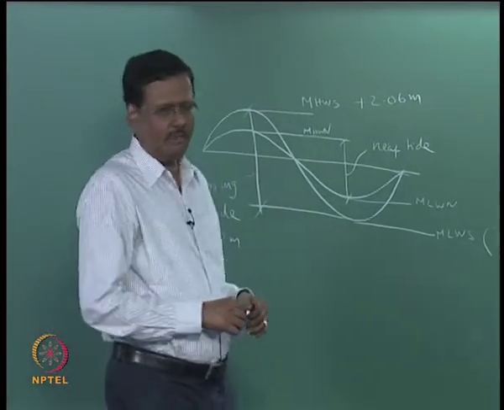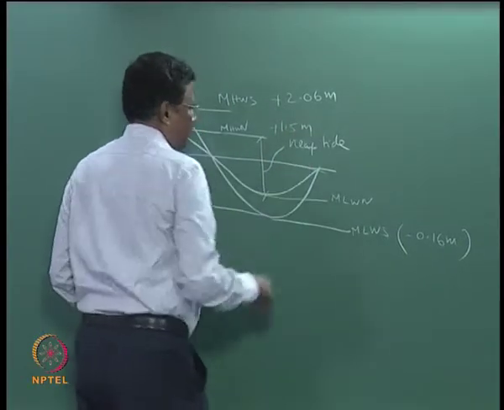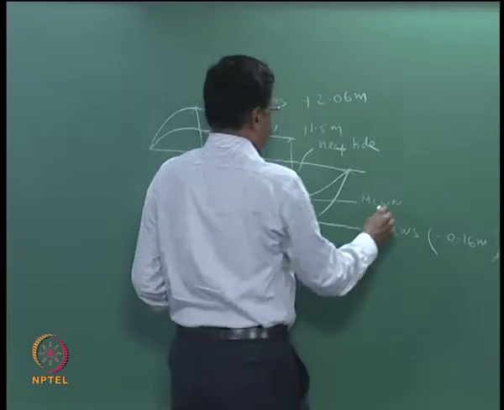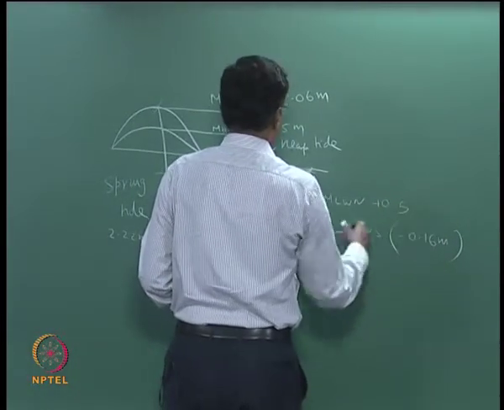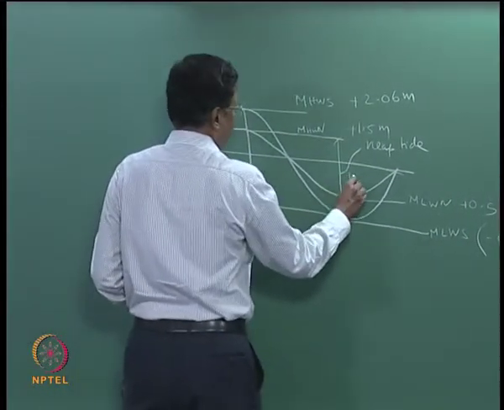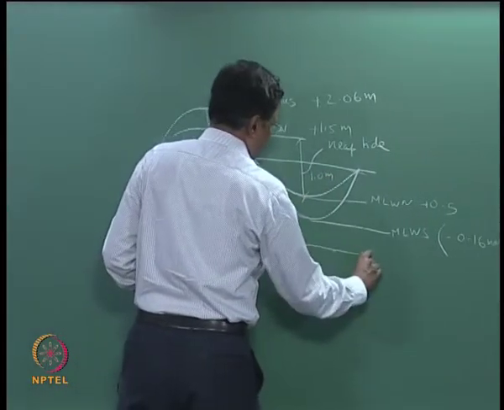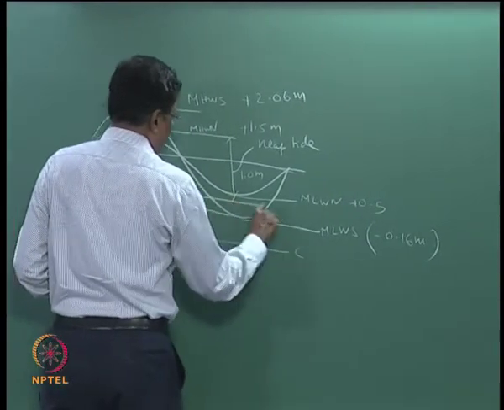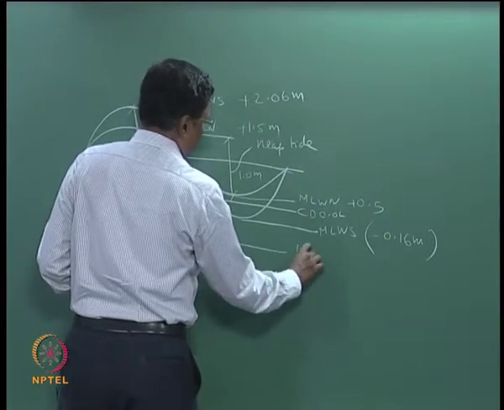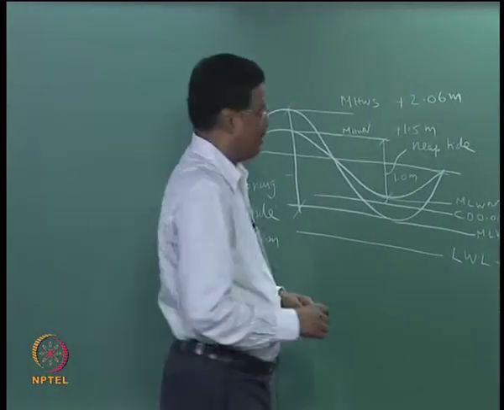Your mean high water neap is plus 1.5, mean low water neap is plus 0.5, the difference is about 1 meter. We have a chart datum somewhere here, 0.0, then we have a lowest low water level, this value is minus 0.55.